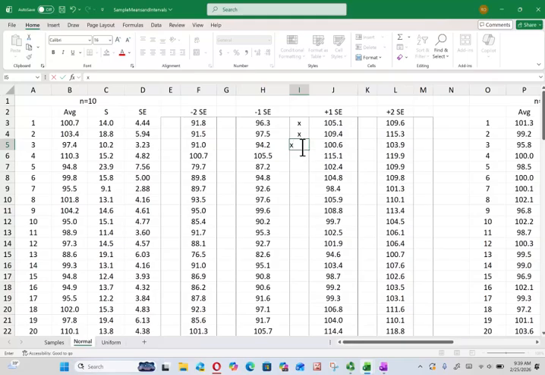The 100 is contained in the 1 up, 1 down. How about the fourth one? Where is the 100? 2 down. It's less than 2 down. So it's outside of 2 down.